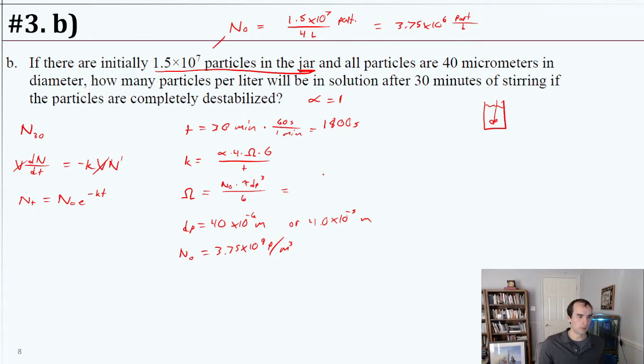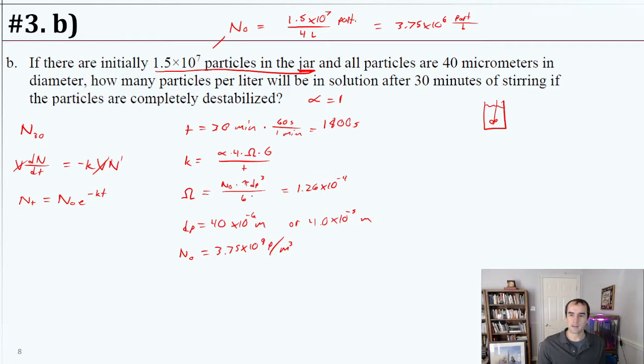So once we've done those conversions, again, a little bit involved just because of the different unit conversions here, this omega then should be 1.26 times 10 to the minus 4. That is in cubic meters per cubic meter, so it's again a unitless fraction.